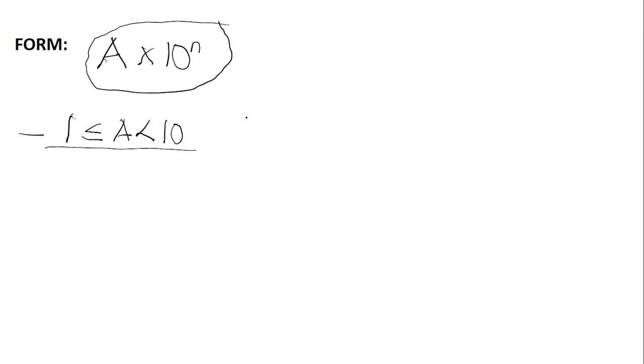So A can be any number like 1, 2, 3, 4, 5, 6, 7, 8, 9. Sometimes it could be 1.1, 1.2. I'm just writing the whole numbers, but any number between this range.